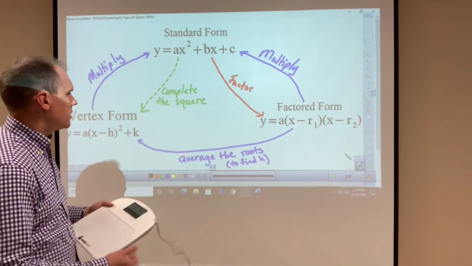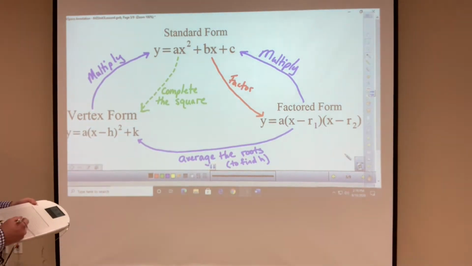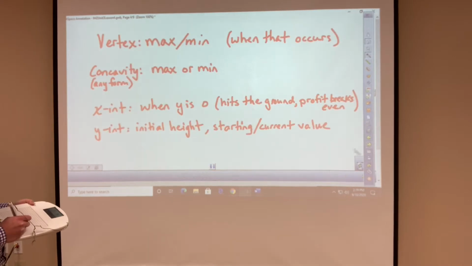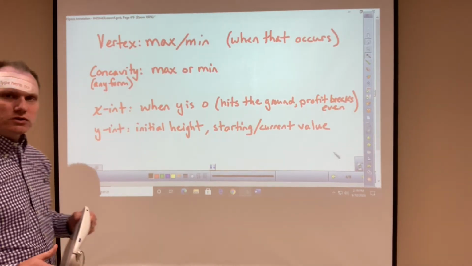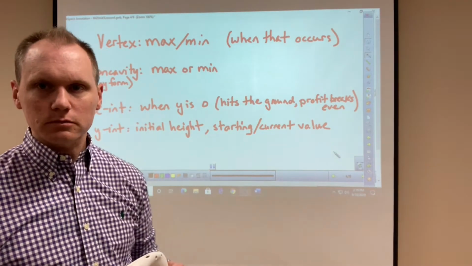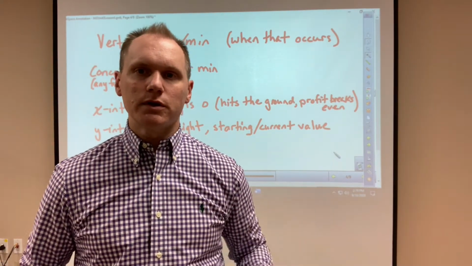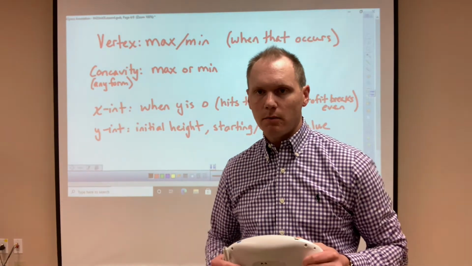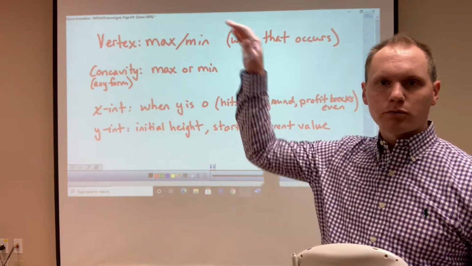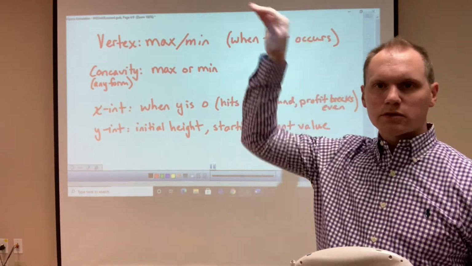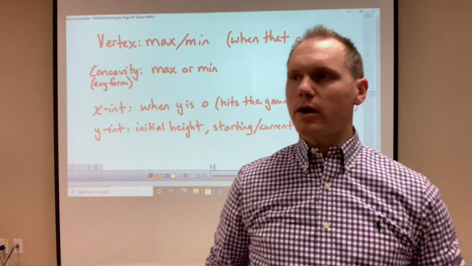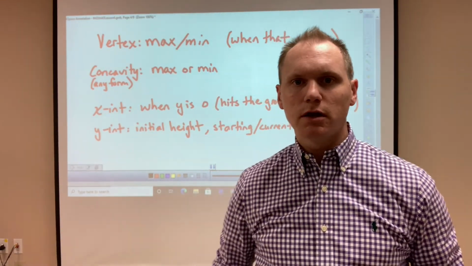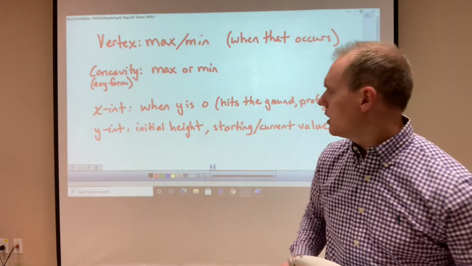So if we think about those characteristics, x-intercepts, y-intercepts, vertex, what do those tell us about the context? Each one reveals something different about the context that we are talking about, whether it be a parabolic motion problem where we're thinking about something flying through the air, or we're talking about how profit changes over the course of months.